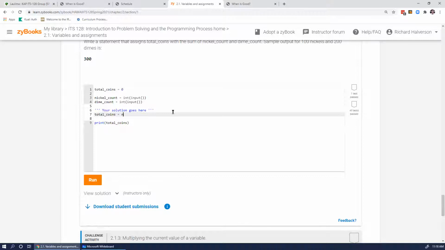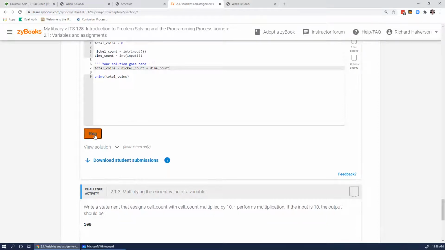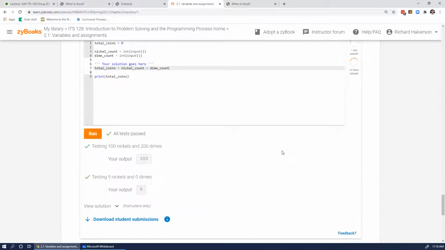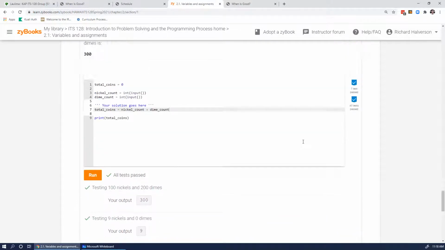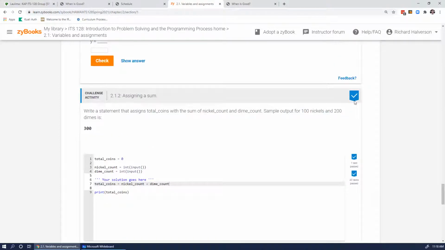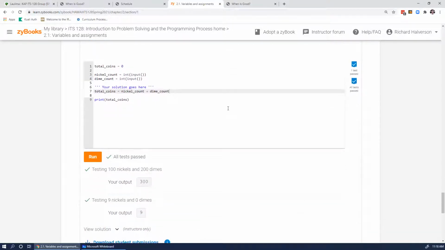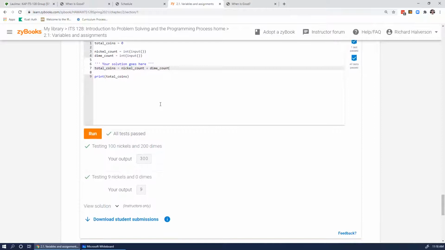It's just something like nickel count, that value, plus the value of dime count, and that should be it. And you can run it and test. You get all the tests, you get all the points. You get a nice big checkbox check there. I can't remember how much these challenge activities are worth, but they're worth 2-3 points or something. So that's good. So that's that one.